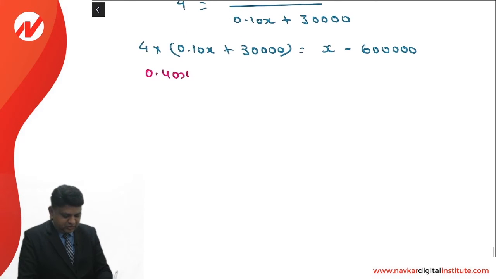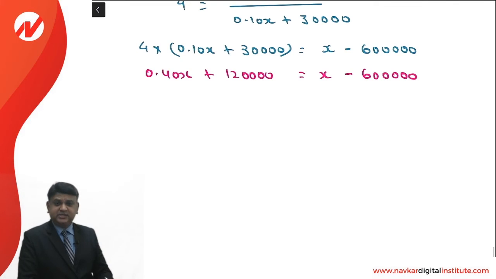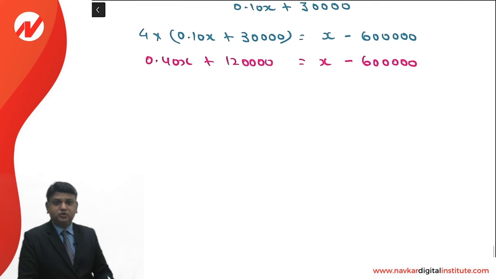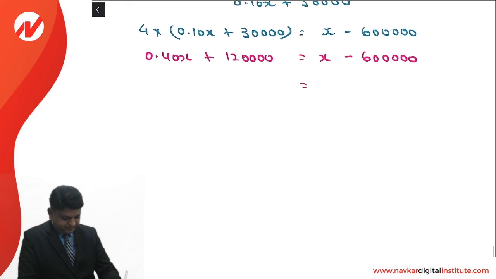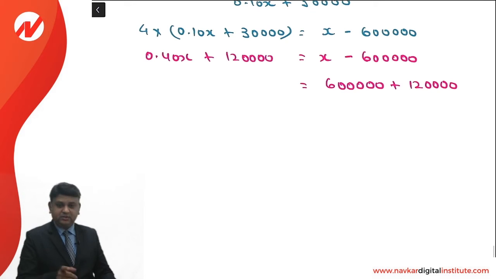So 0.40x plus 1,20,000 equals X minus 6 lakhs. 6 lakhs is transferred on the opposite side, so it will become positive, plus 1,20,000. 0.4x is transferred on the opposite side, so it will become negative.